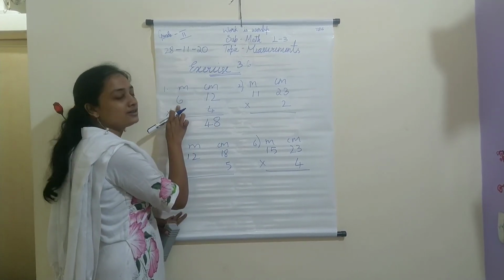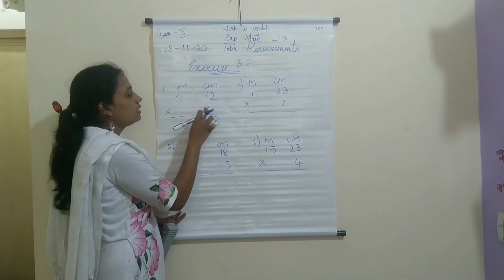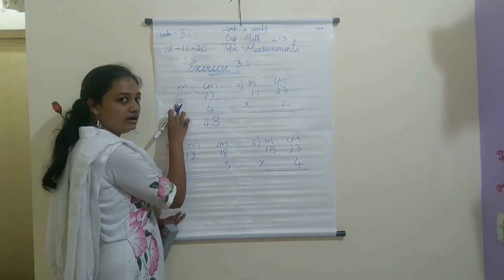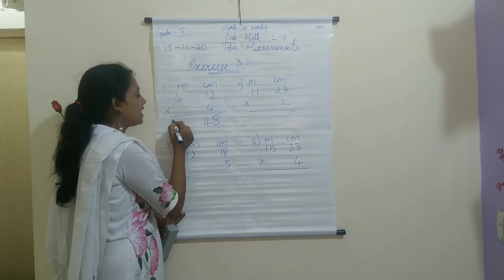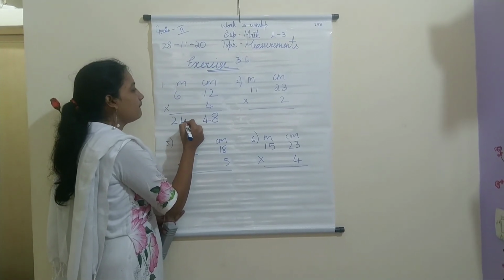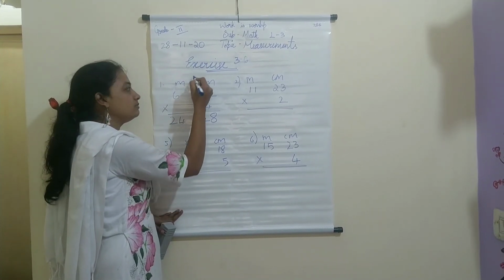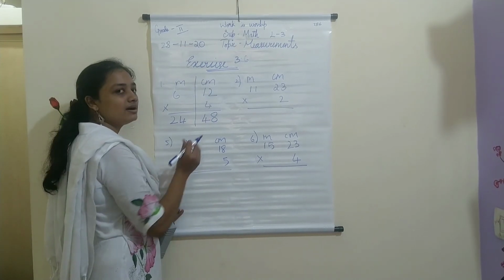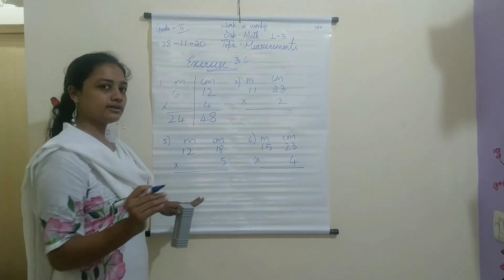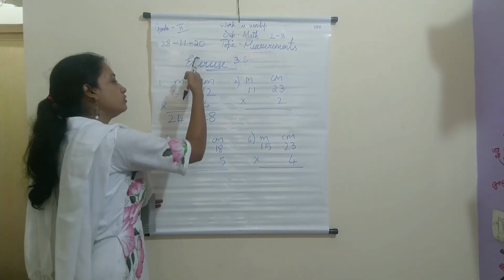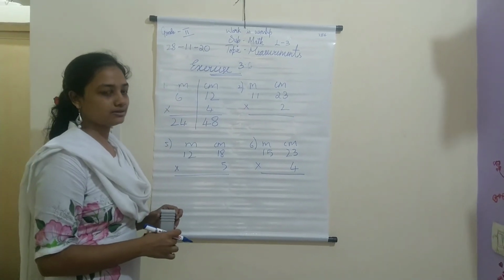Now go for next number, 6. 4 6s are 24, and this is in meters, so my answer should be in meters column. In between, you should have a gap here. Okay, children? If you are not able to maintain the gap, you can draw a line like this and write.